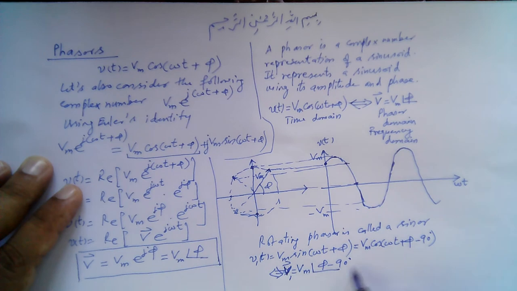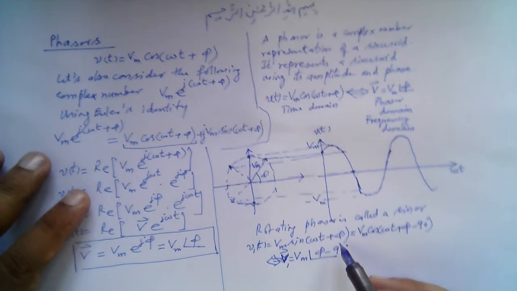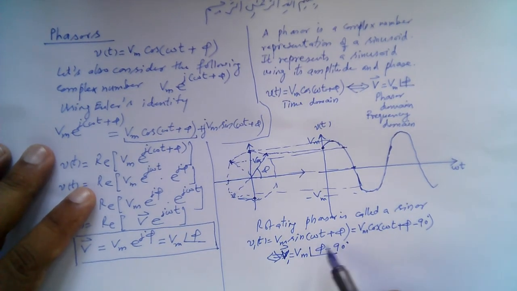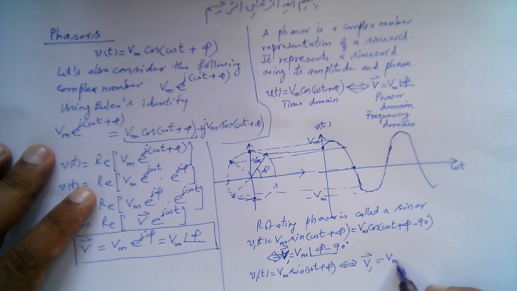Usually we will do this, but occasionally, sometimes we can also represent a sinusoid in the form of a sine function directly as a phi function also. For example, if we have v1(t) is equal to Vm sine omega t plus phi, we can directly represent it using Vm angle phi also.